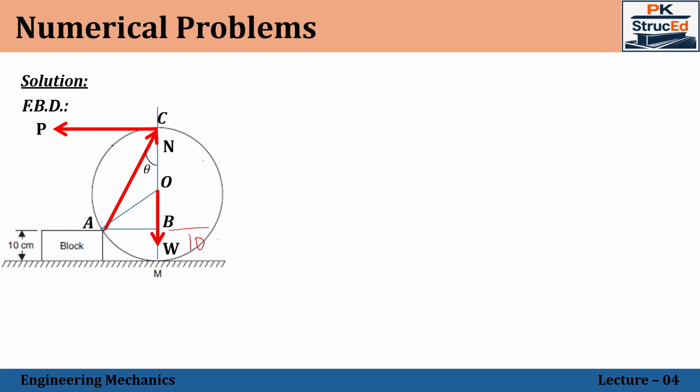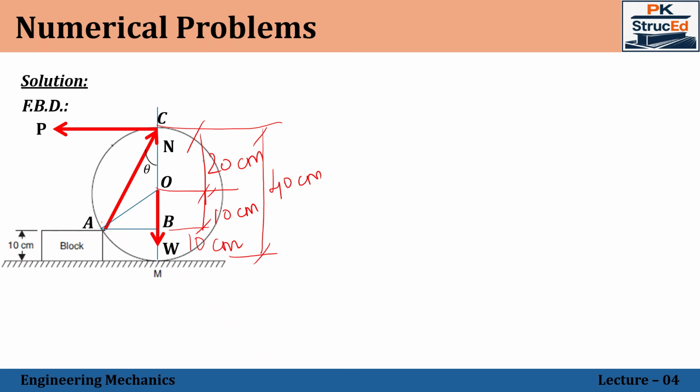Obviously OC is the radius, 20 centimeter. I need the value OB only. So the remaining will be 40 minus 20 minus 10, which becomes 10 centimeter. So OB will be equal to 10 centimeter.